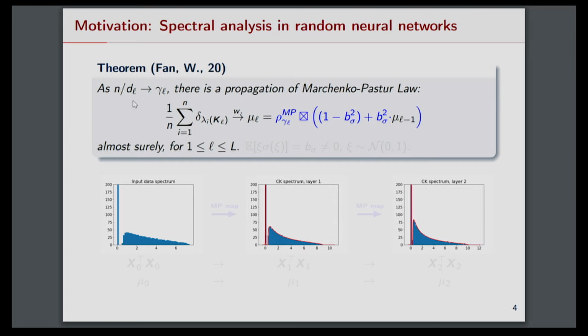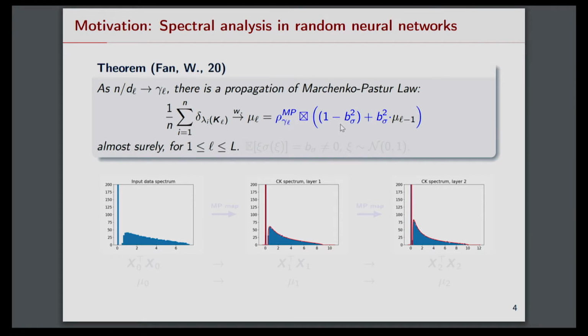We consider the case where the sample size and the dimensions of each hidden layer grow proportionally to infinity. In this case, we can analyze the limiting eigenvalue distribution, which is defined by some Marchenko-Pastur law map. Here, B sigma is a coefficient from the activation function, which is actually the first Hermite coefficient of the activation function.